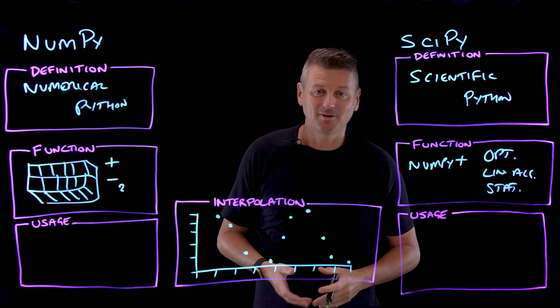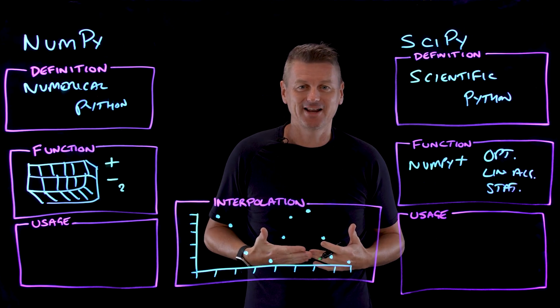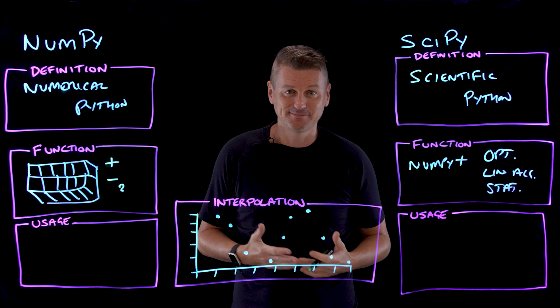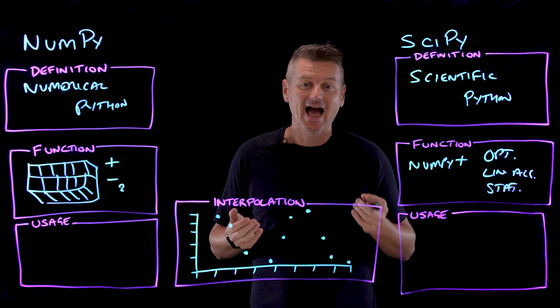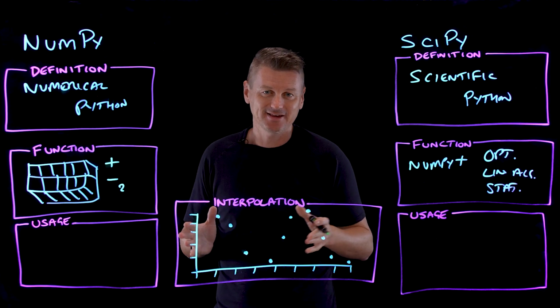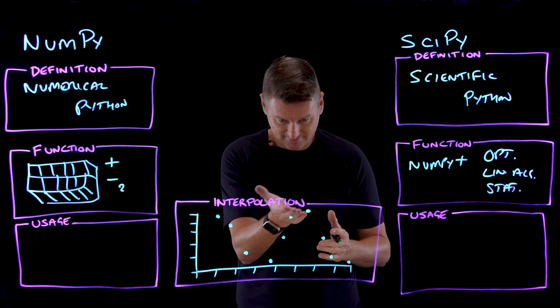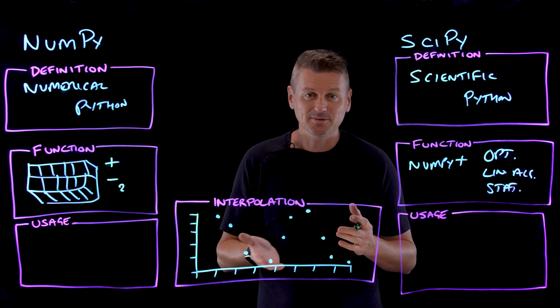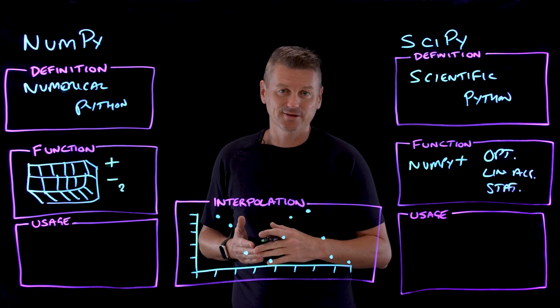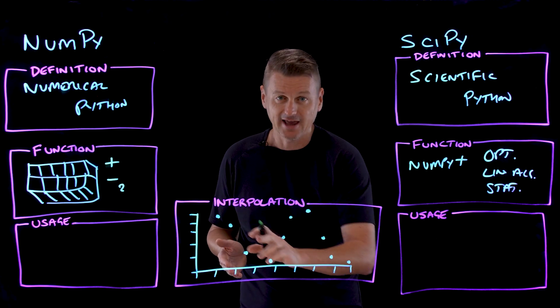So take, for example, interpolation, which involves estimating unknown values that fall between known values. Both NumPy and SciPy have support for this, but there are key differences. So let's illustrate this with a simple example. Suppose we have a set of known data points like we've got here, and we want to estimate the values at new points that fall between the known data, so parts around here.